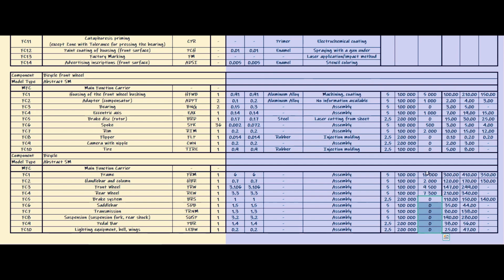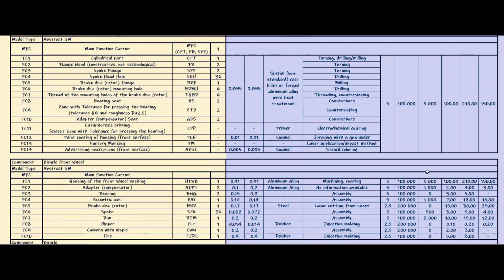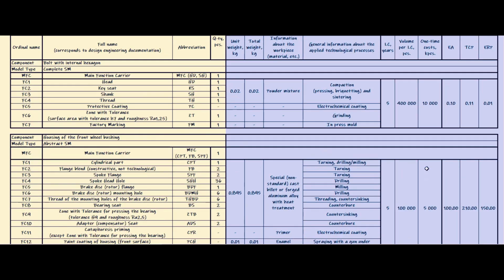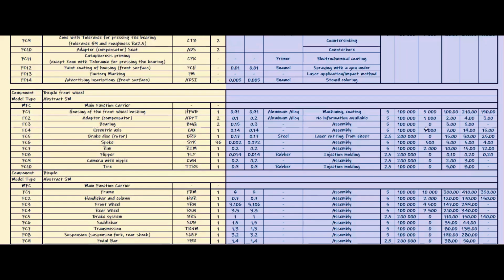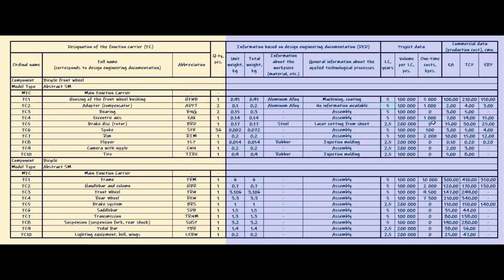For two variants of the abstract structural model, the values in this group of parameters may differ due to the fact that some elements are produced once during the life cycle and some, consumables, are produced several times during the life cycle. For example, brake pads, tires, etc.